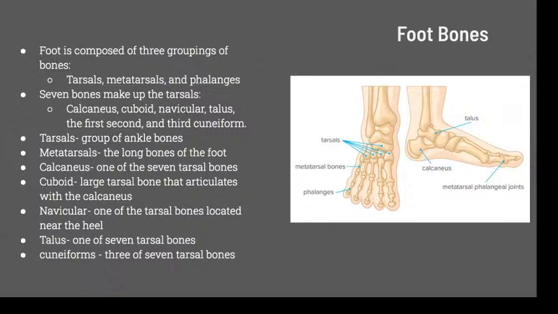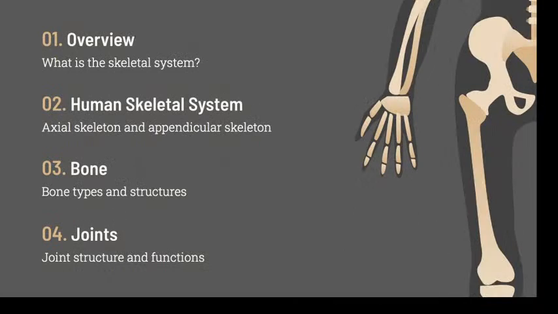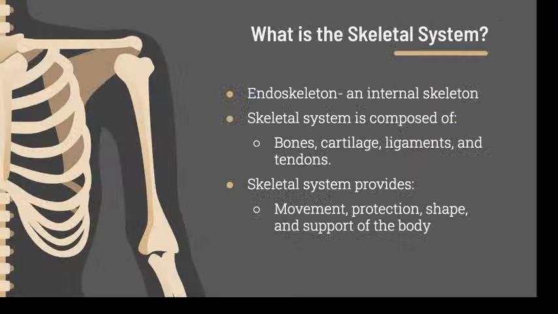So today we covered the overview of the skeletal system, and the majority of this lesson was basically the human skeletal system, where we talked about the axial skeleton and the appendicular skeleton. To review, the skeletal system is composed of bones, cartilage, ligaments, and tendons.